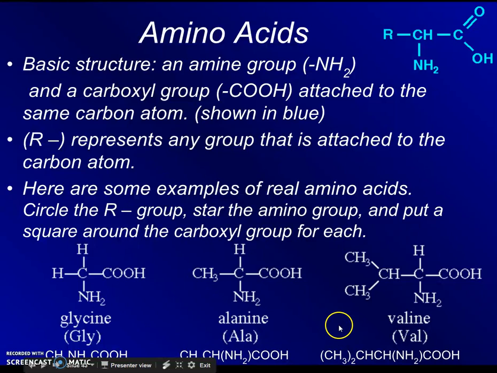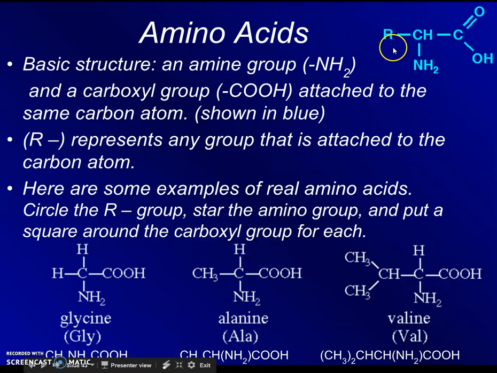Your basic structure is around a central carbon. You have an amine group, and that's an NH2. You have a carboxyl group right here. And you have an R group that is over here. Now, R is not an actual element. R is representative of some group that you have.